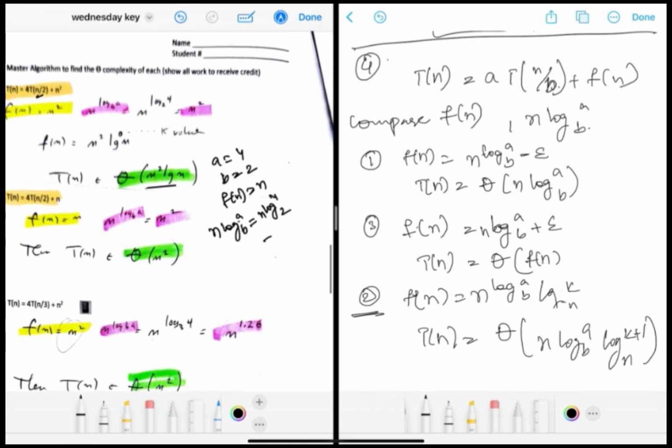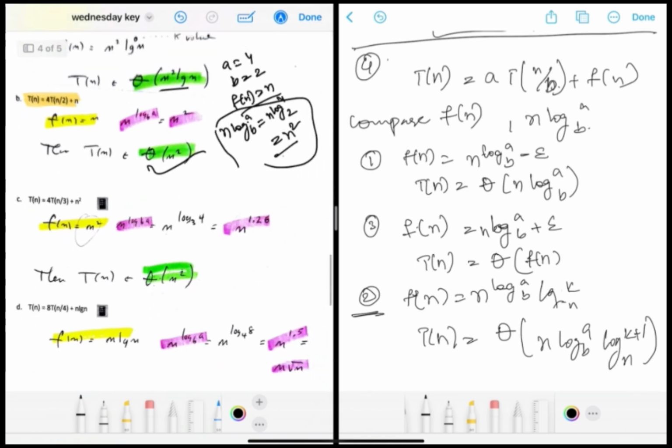So this is n square, and f of n is n. So this is going to be case 1, and the closed form is T of n equals theta of n^(log a to the base b). That's why the answer is theta of n square.